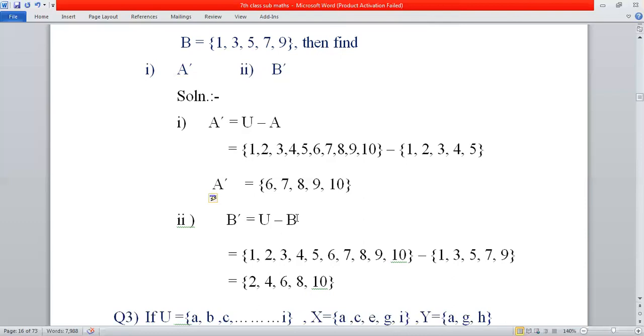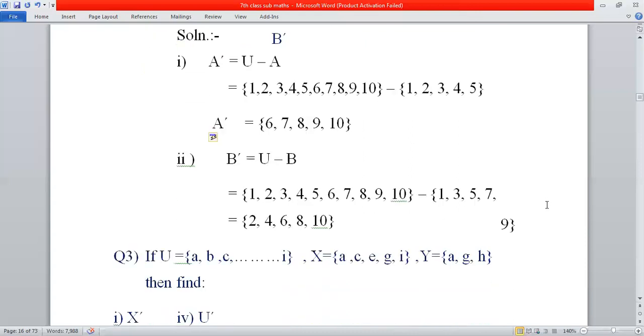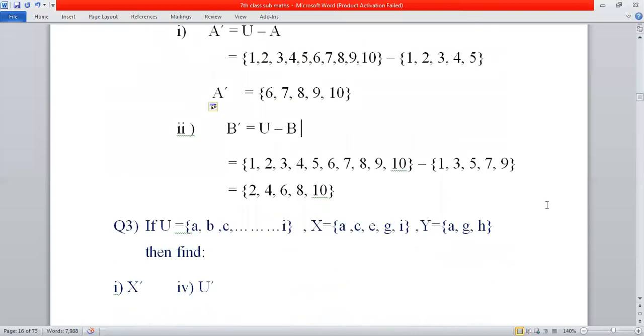B is odd numbers, and in the answer there are no odd numbers. Up to 10, all the odd numbers are subtracted. So in this way you have to find C complement and D complement, which are the third and fourth parts, as an assignment.